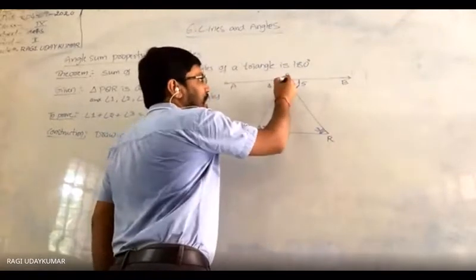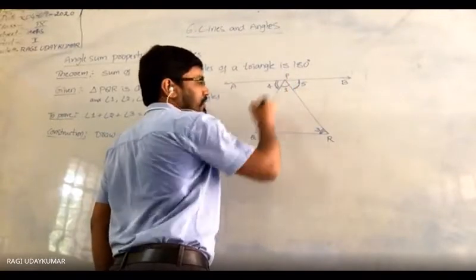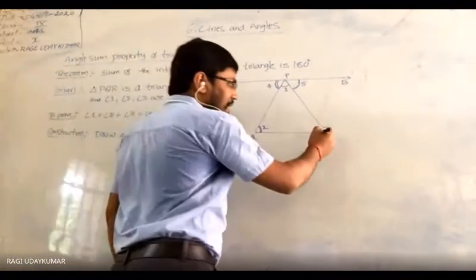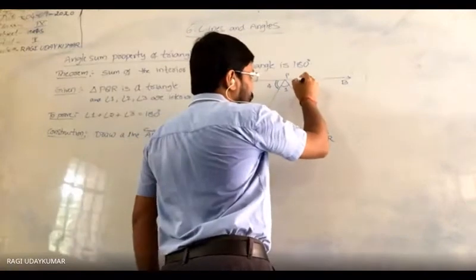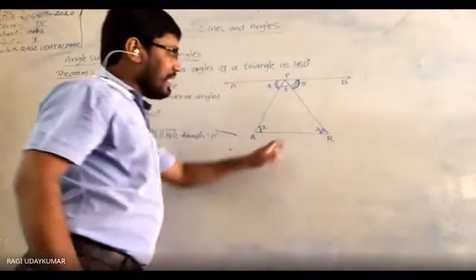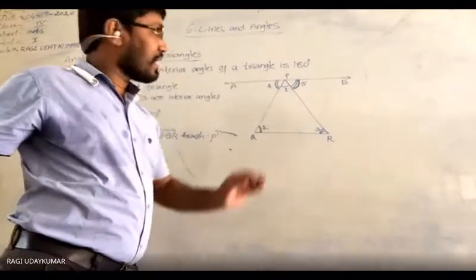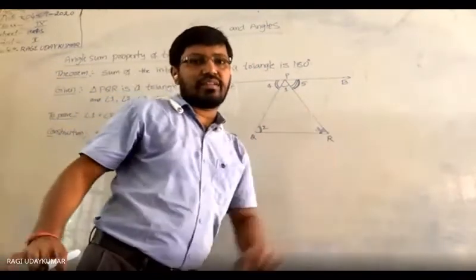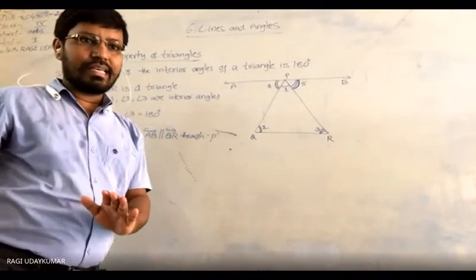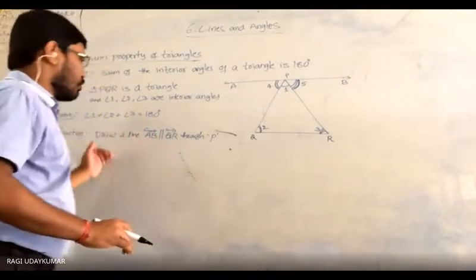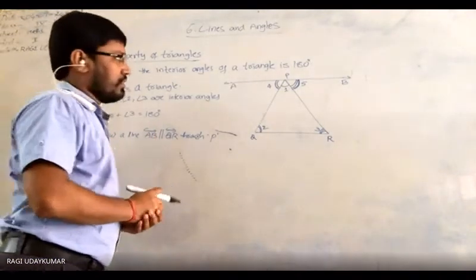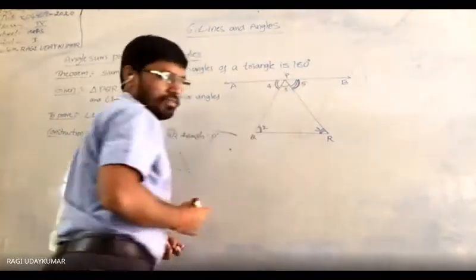So angle 2 and angle 4 will be equal because they are alternate angles. Angle 3 and angle 5 are also equal, alternate angles if you take PR as a transversal. So you can say that very clearly. When you draw the parallel line, we get two different angles, angle 4 and angle 5.